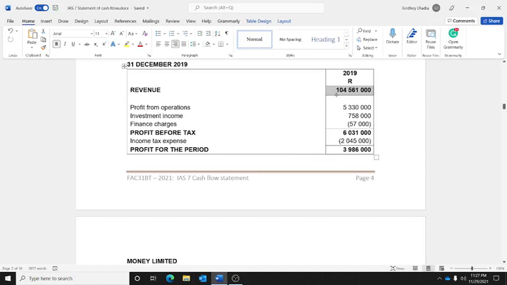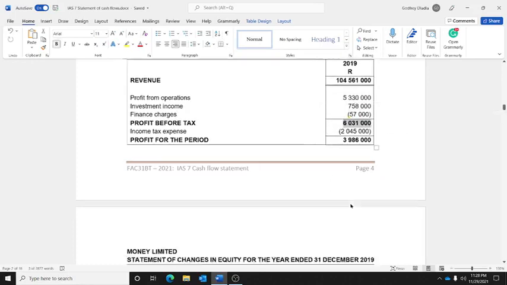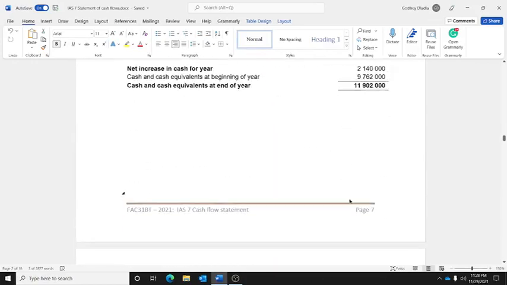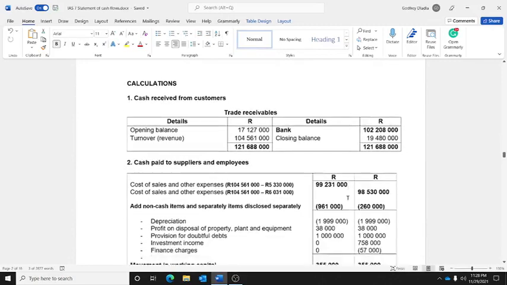Now, if I take this figure here and I minus this one here, it will mean it is cost of sales, other income, other expenses, and then including these two, the investment income and the finance charges, if I use this one. So let's go back to what I was saying. Here.